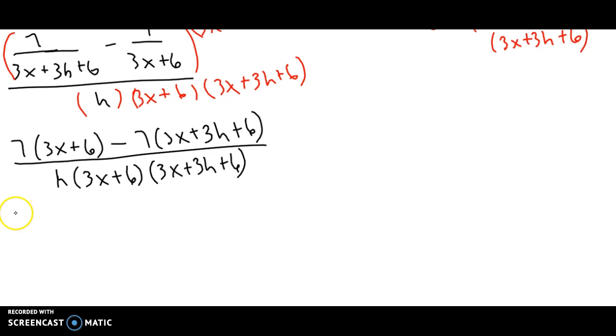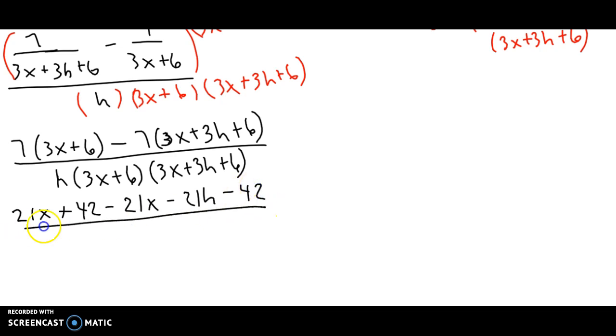I get 21x plus 42 minus, this is a 3, so minus 21x minus 21h minus 42 all over my denominator. H times 3x plus 6 times 3x plus 3h plus 6.